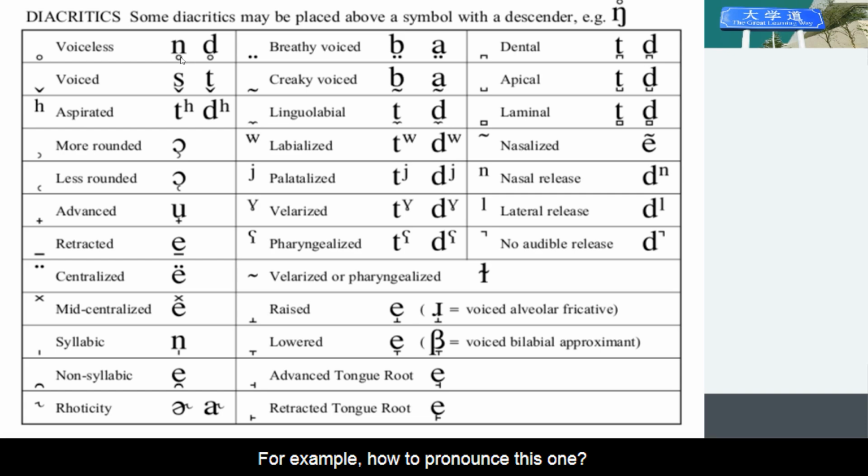For example, how to pronounce this one? There's a vibration of your vocal folds, and you make a nasal sound. To get rid of the vibration, and make a nasal sound, it's this way.